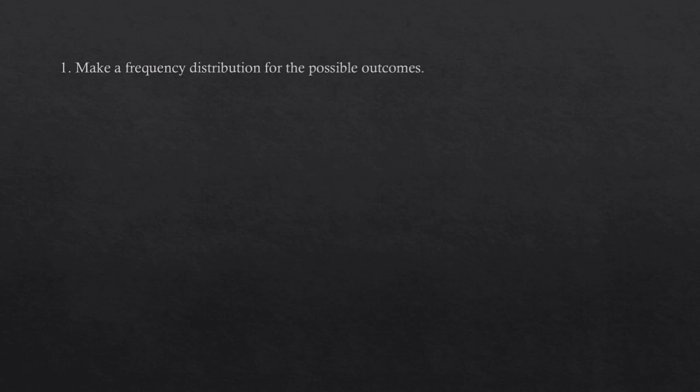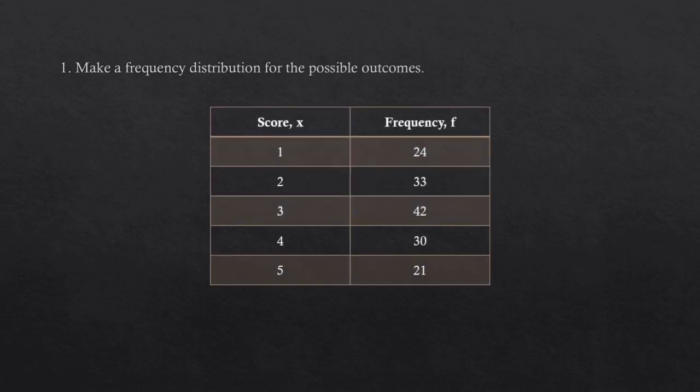So we are going to use the methods to construct a discrete probability distribution. First, make a frequency distribution for the possible outcomes. As you can see in the table, the frequency of 1 is 24, the frequency of 2 is 33, the frequency of 3 is 42, the frequency of 4 is 30, and the frequency of 5 is 21.